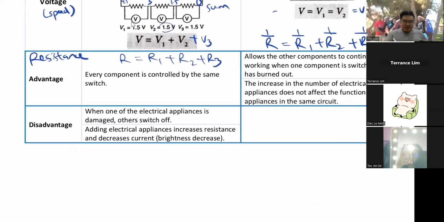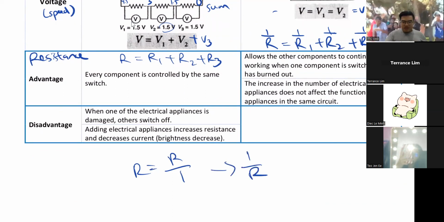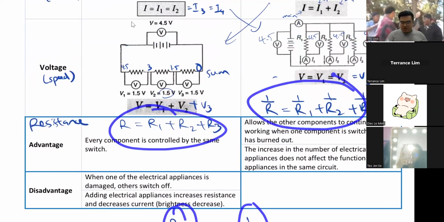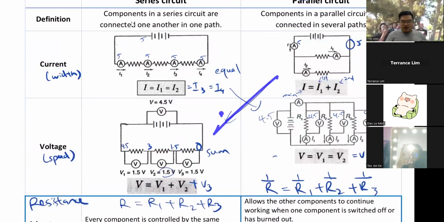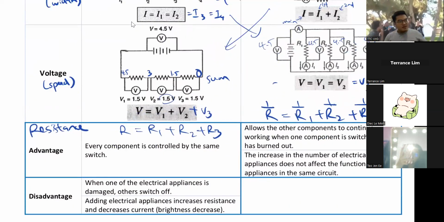You see, R is like R over 1, so the reverse of R over 1 is 1 over R. They are the opposite of each other. Since they are already opposite here, this one is also opposite. Understand? I haven't applied it in a question yet. Later it will make sense.